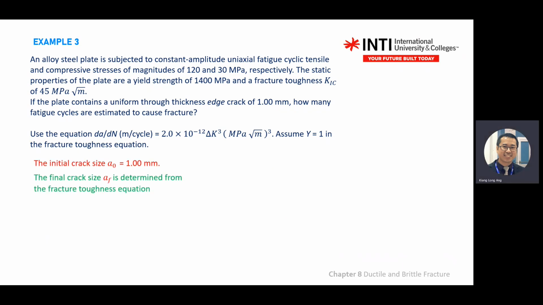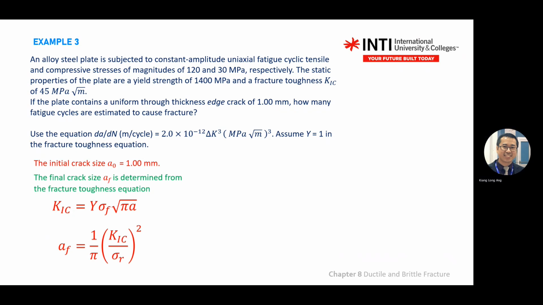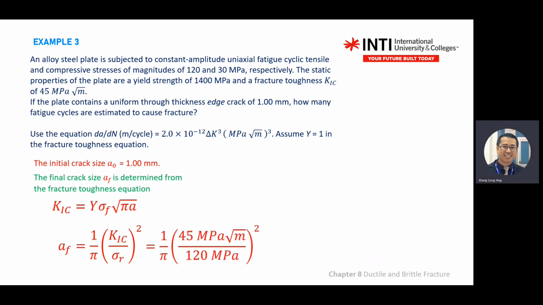So the initial crack was given as 0.1 mm. There is a calculation which you learned in the previous session. K1C equals Y stress at failure times square root of pi a. You put it inside the equation, rearrange, and find the crack size. You put in K1C is 45. The range you find from just now.